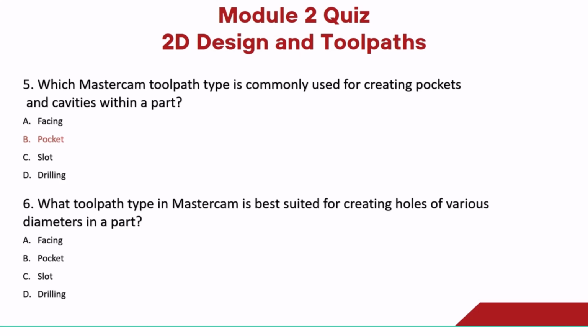So let's move towards the next question. What toolpath type in MasterCAM is best suited for creating holes of various diameters in a part? Option A, facing. Option B, pocket. Option C, slot. And option D, drilling.